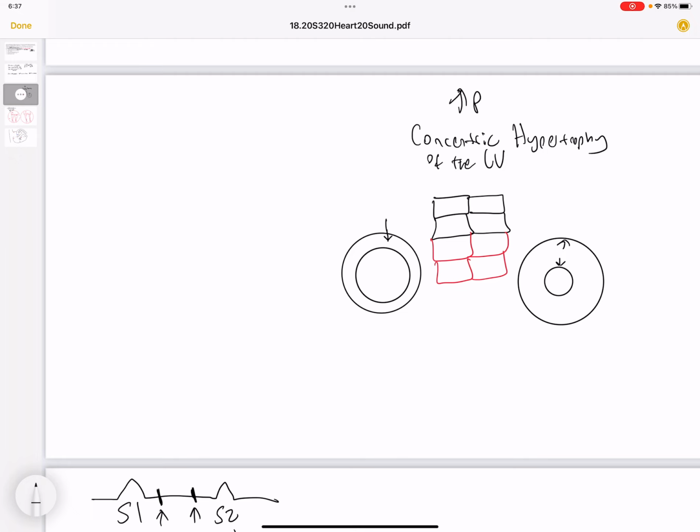So this concentric hypertrophy of the left ventricle can happen with chronic hypertension and aortic stenosis. These are the two most common causes. Eccentric hypertrophy occurs with aortic regurgitation, which we will talk about.